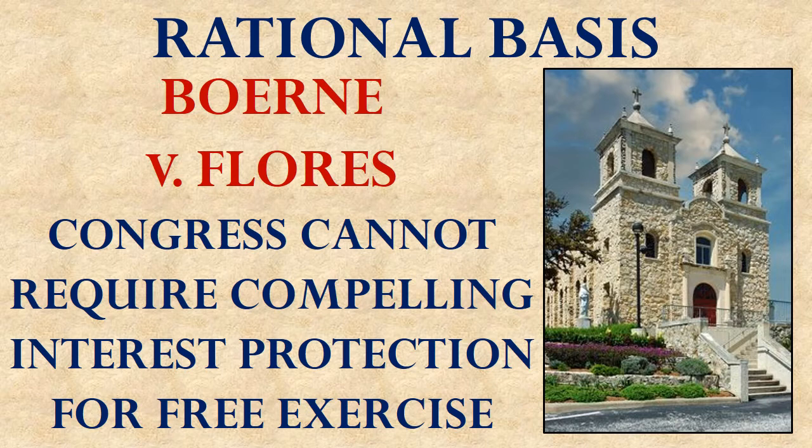How dare the city tell us that we can't enlarge our congregation? So with the decision in this case at the Supreme Court, the congregation lost. The city won. They were able to force the church to maintain its same size, and they merely had to show a rational reason for doing so, which was, this is a historical building, we need to preserve it for other people without it being altered by an expansion plan, and the city wins.